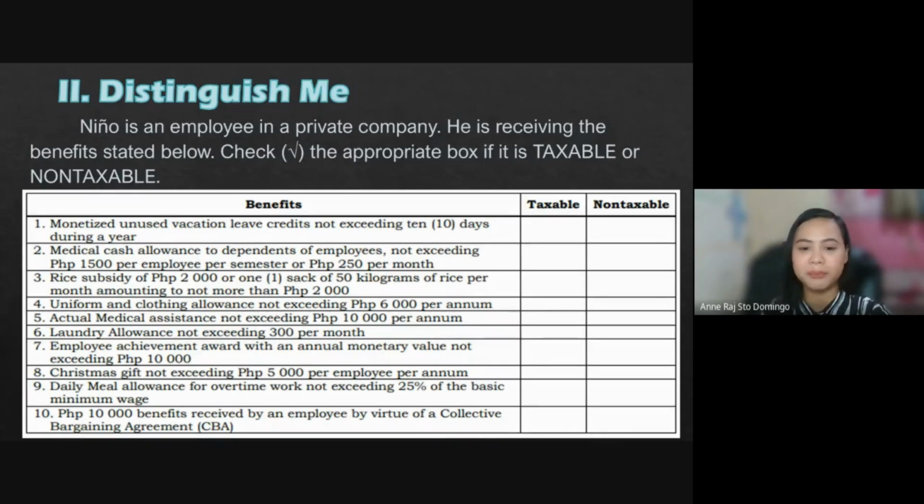Okay, number 3. Can I hear from CJ? CJ, number 3. Number 4 pala tayo. Number 4. CJ, can you read and answer? Okay, very good, CJ. That is non-taxable. What about number 5? Can I hear from Christian?